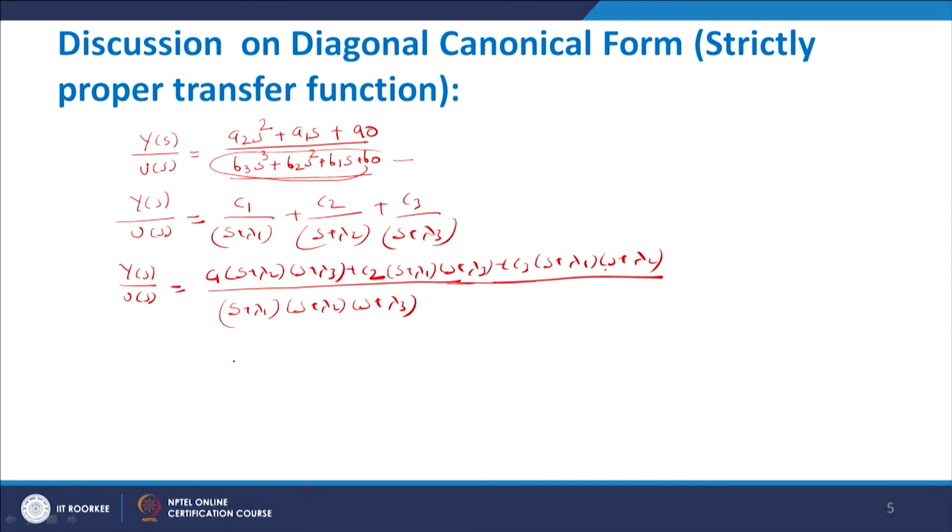Now, this a2 s square plus a1 s plus a naught and this are the same, so both the equations are same. So, we can compare this equation with this equation.